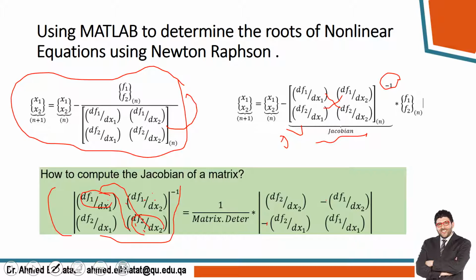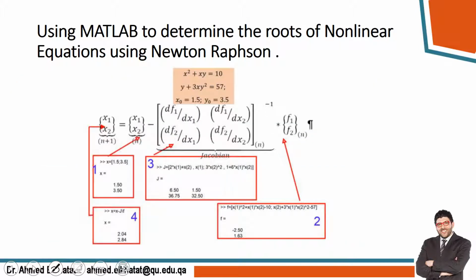By this we can compute the Jacobian of a matrix. Once we calculate the Jacobian matrix, we just multiply it by f1 and f2, so we can easily solve it.